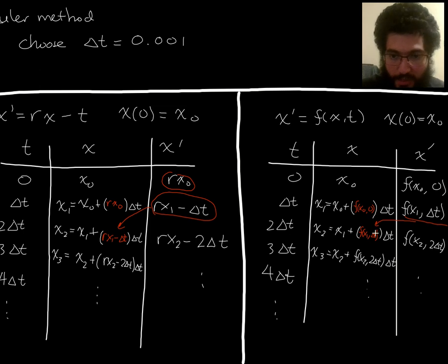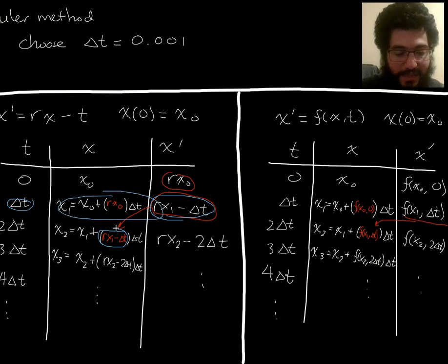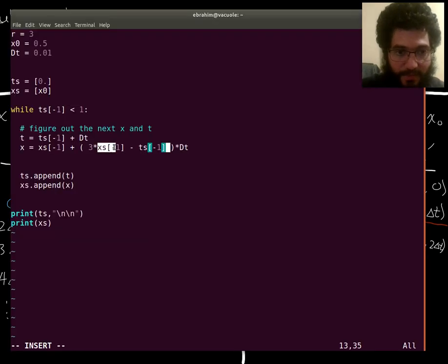When I'm computing what to put here, I'm using the previous derivative information, which relied on the previous row's t and the previous row's x. So here's the previous row's x and the previous row's t.